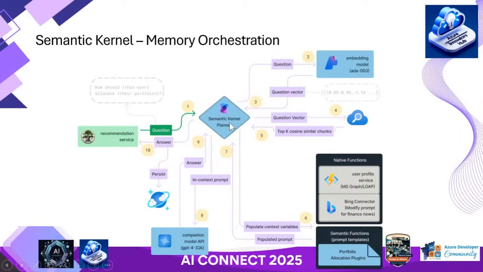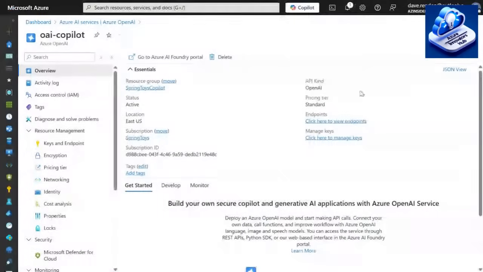From there, we're going to orchestrate the workflow. We're going to use an embedding model to get a question vector, which is in turn going to be integrated with AI Search. And just to show you these components, let's go back to the Azure portal.